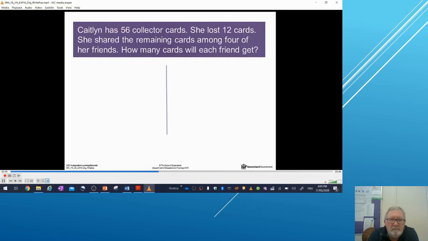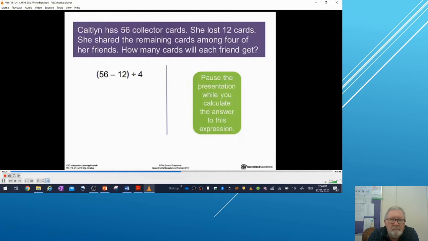When writing our expression, we might write 56 subtract 12 divided by 4. Using the conventions would lead us to calculate the 12 divided by 4 first. This would not match what the question describes. We need to add brackets to see how many cards Caitlin had before sharing them among her friends.